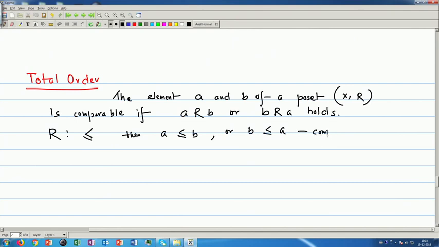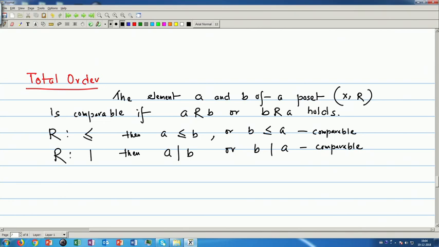But say if I consider the relation as a divisibility property, then A divides B or B divides A, that is comparable, but for all sets it may not be true.